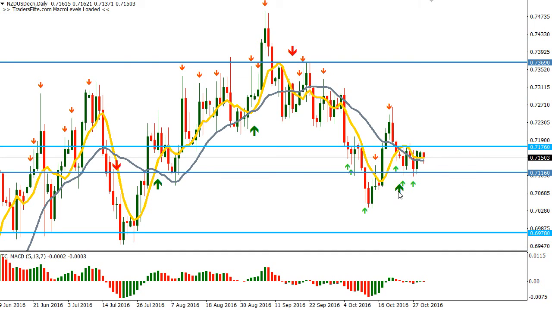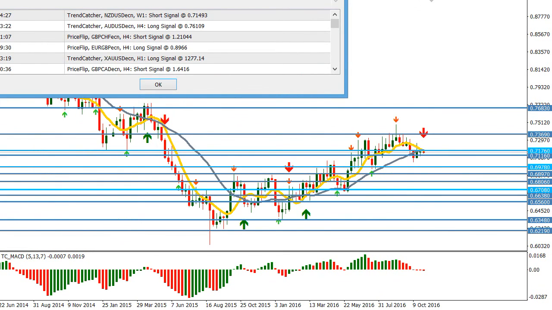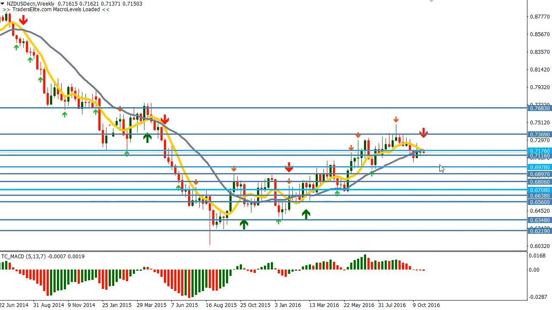This trend trade did not occur. We've seen some price slips that have seen price move back up towards the 71.76, and this is interesting. We've just had a new, or just emerging, new weekly trend trade. If this holds, in other words, the price, particularly if it comes down towards the 71.16 or lower ideally, then we're going to get a new trend trade to the downside on the weekly time frame.